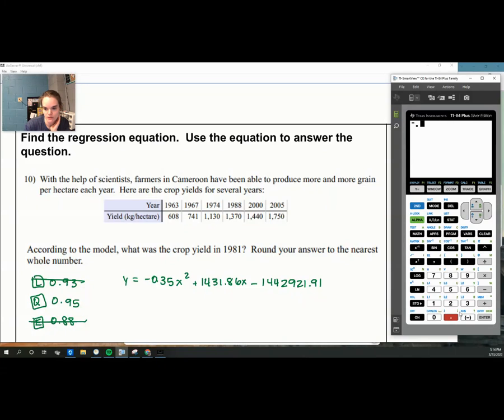So negative 0.35, parentheses, 1981 squared plus 1431.86 times 1981 minus 1,442,921.91.